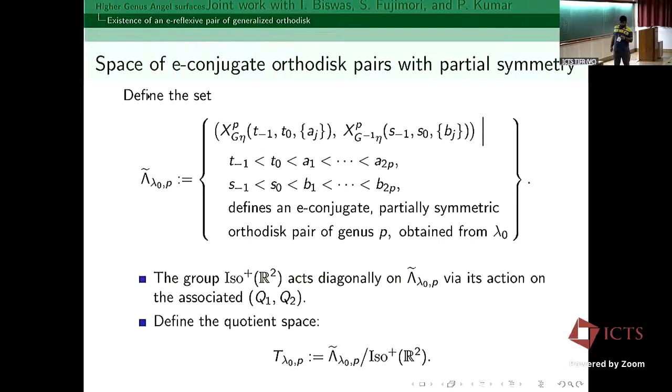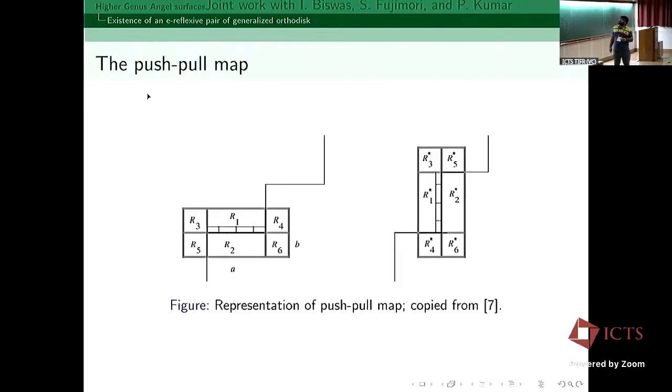We define a neighborhood around one of the edges of the staircase and the corresponding staircase, which pushes and pulls the edges of these partially symmetric polygons and is the identity away from this neighborhood.